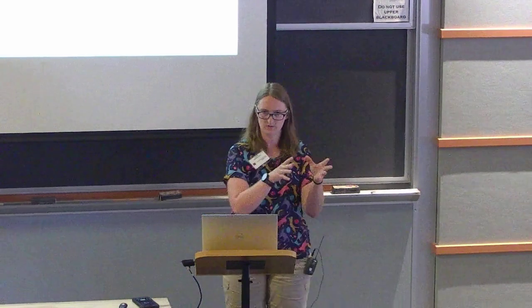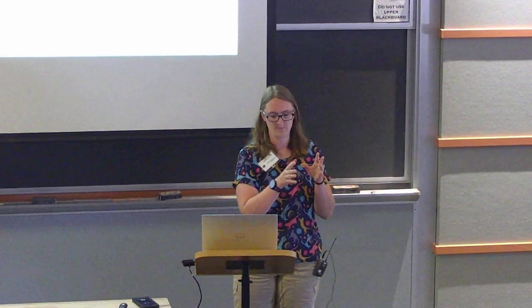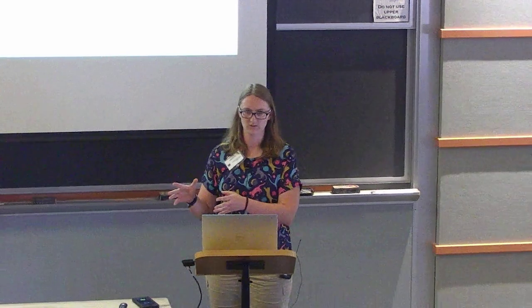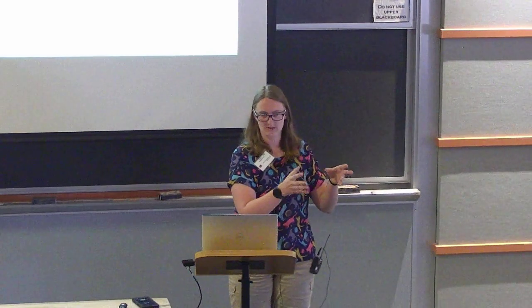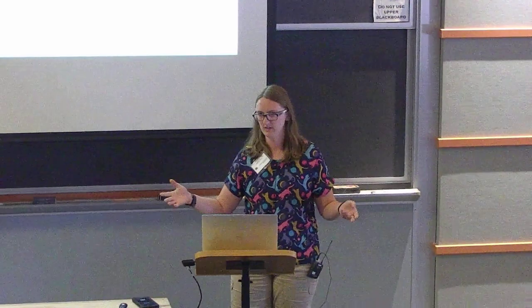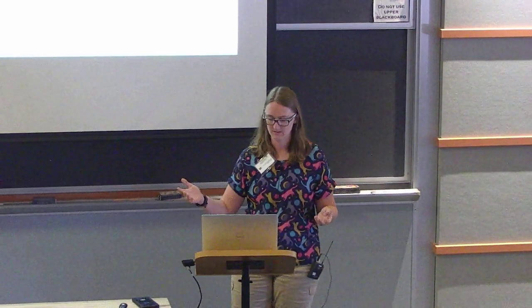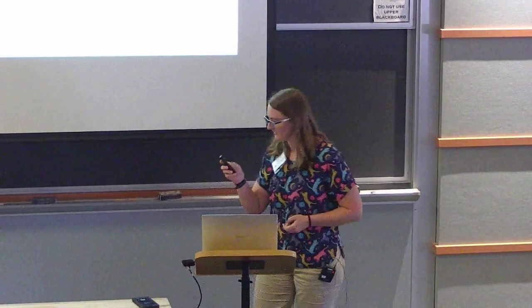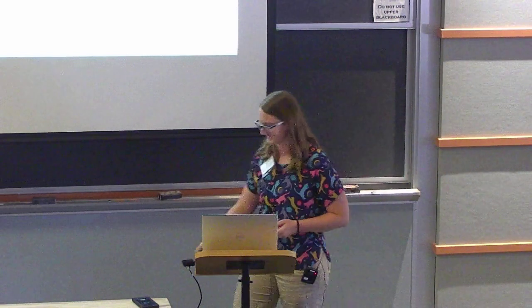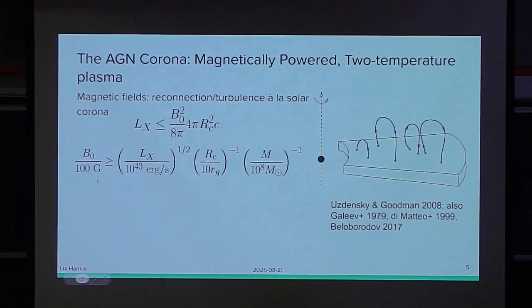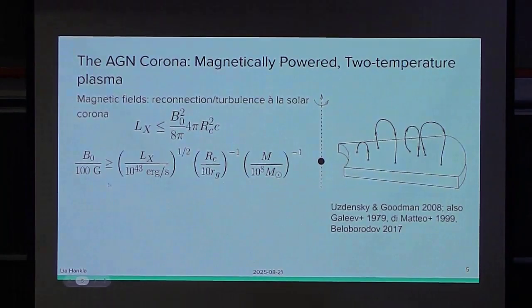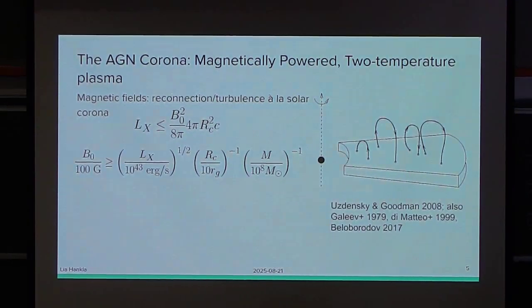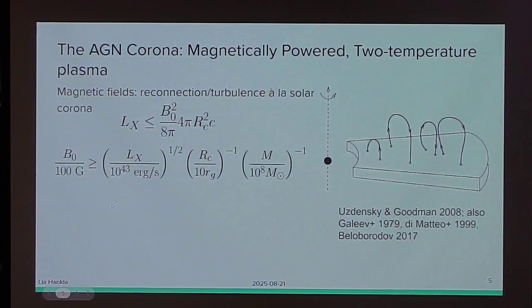If you take the X-ray luminosity that we get from one of these AGN, and you take the magnetic energy density in the corona, and you assume that some fraction of that converts into X-ray luminosity through these magnetic dissipation processes, you get this lower limit on the magnetic field that's required to produce that X-ray luminosity. And this is actually a pretty high magnetic field for that close in to the black hole.